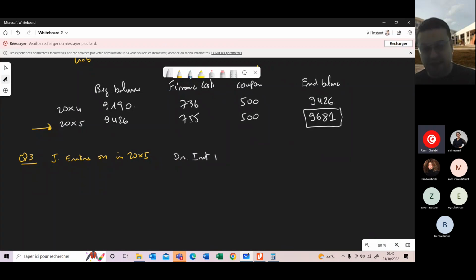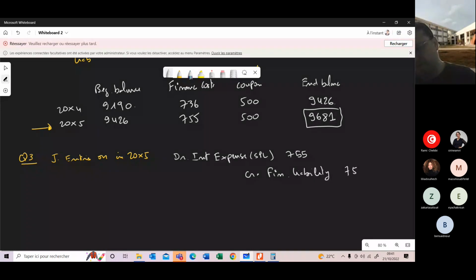So you debit interest expense, the statement of profit or loss, for 755. Think about 20x5, so 755. And you credit financial liability. Absolutely right. For 755.